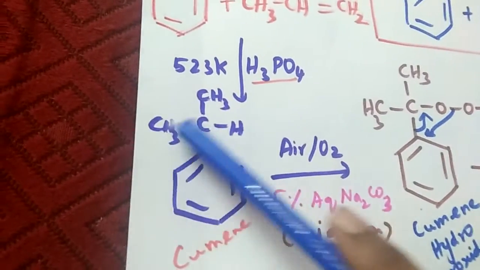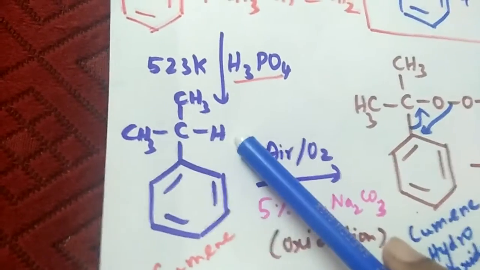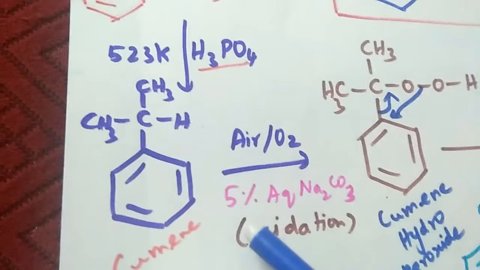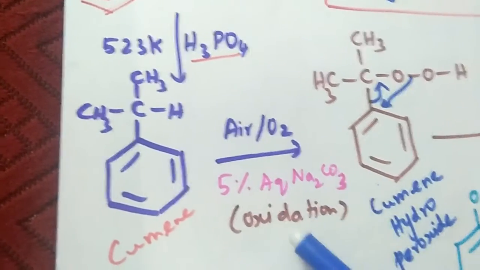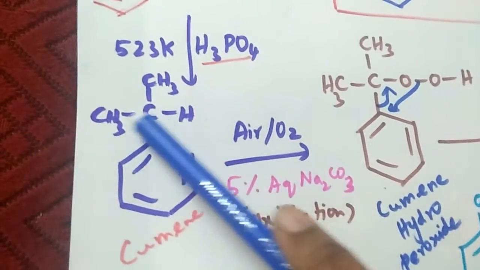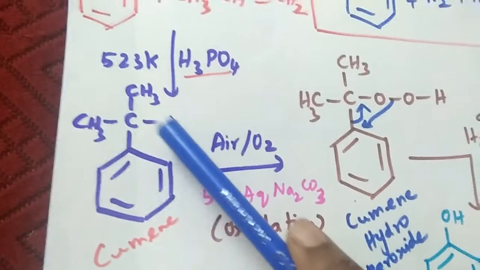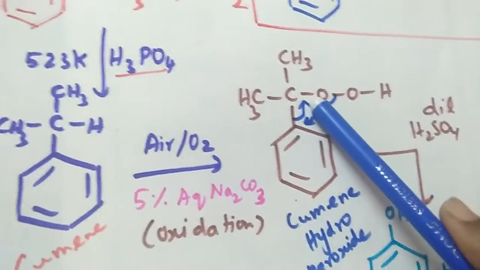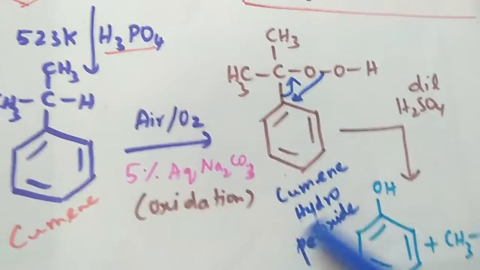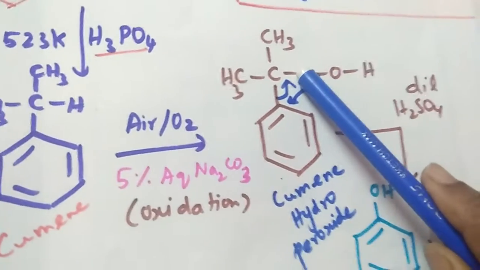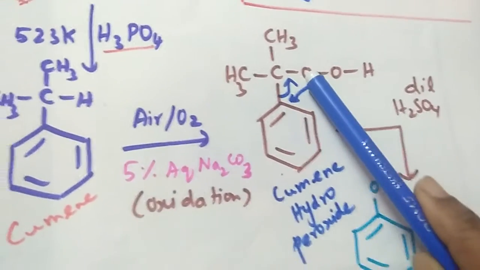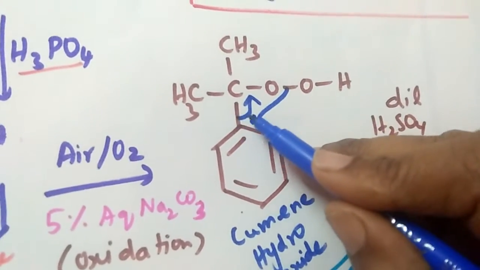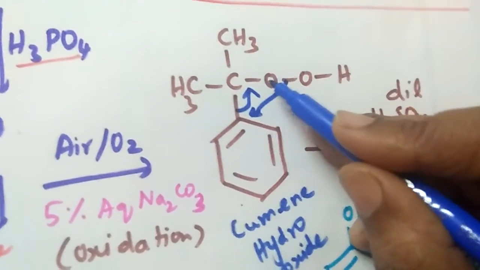This CH3 CH CH3, this CH bond should be noted, because when it is exposed to air in the presence of 5% aqueous sodium carbonate solution, oxidation takes place at the CH bond where two oxygen atoms are added. So it is called a peroxide, cumene hydroperoxide. In this cumene hydroperoxide, the OH is directed towards this carbon, and this bond is shifted between carbon and oxygen.